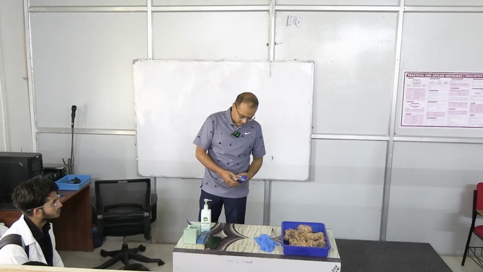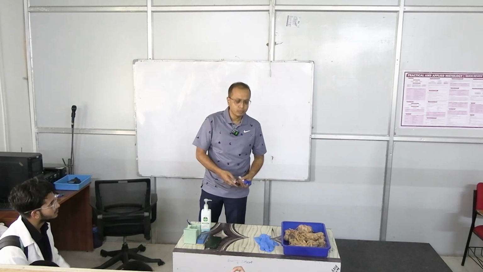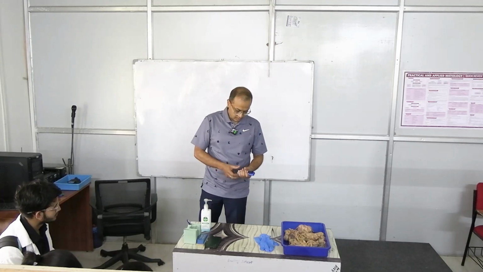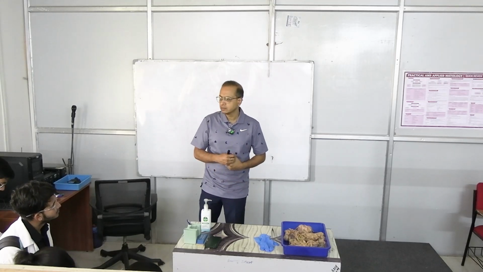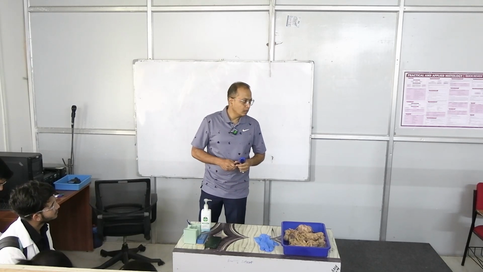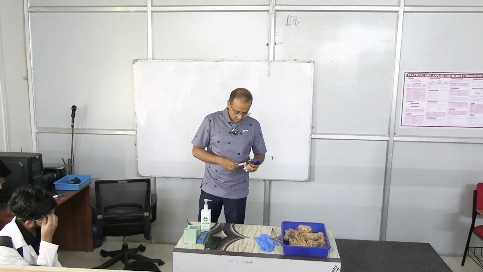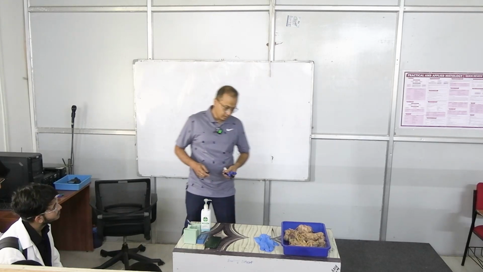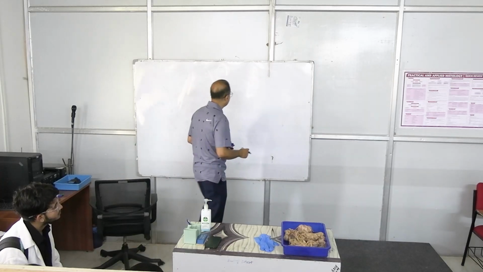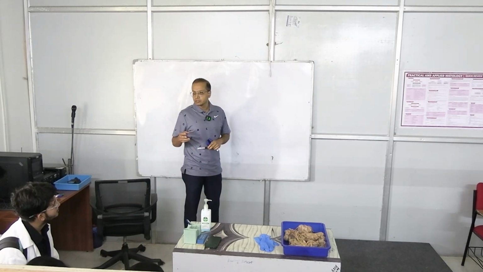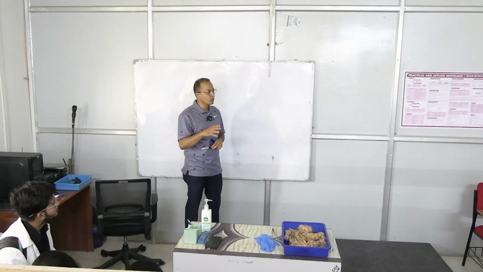We have already started the large intestine, and we know the parts of the large intestine as far as the different nomenclature is concerned. The large intestine looks large, right? It has three features which separate it from the small intestine.